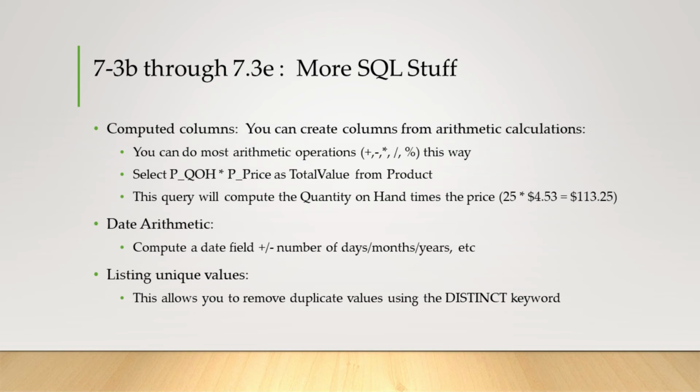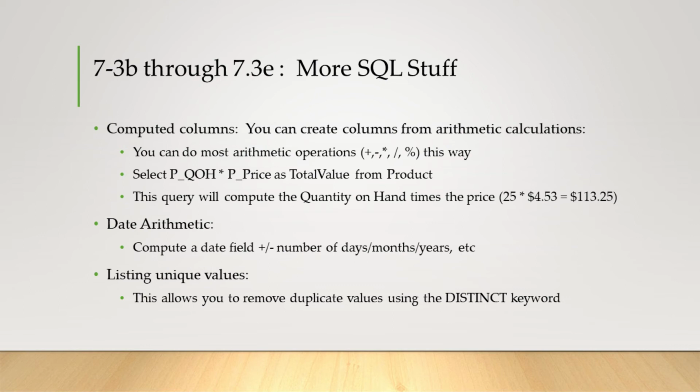The last thing in 7.3e is listing unique values. Sometimes when we have data, you have duplicate values, and you just want to get all of the unique values. Say you had a list of all of the invoices with all of your customer names, and I only wanted the list of customers who have an invoice, but I don't want to have to deal with anything else.